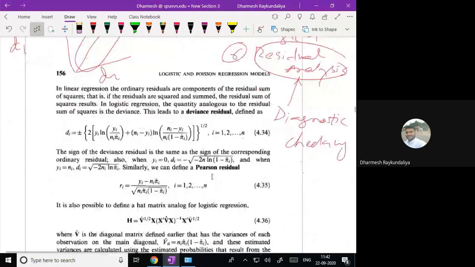Now, if I am trying to find the residuals which are analogous to the ordinary residuals in the binary logistic regression, that is called the deviance residuals.